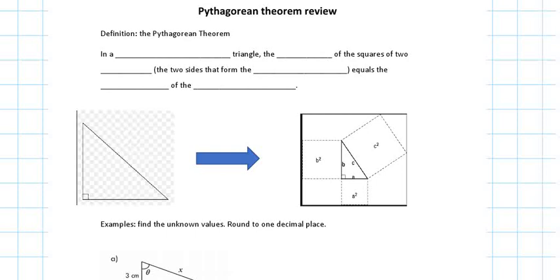Pythagoras came up with this theorem, and it says that in a right triangle, the sum of the squares of two sides, and these are the two sides that form the right angle, equals the square of the hypotenuse.